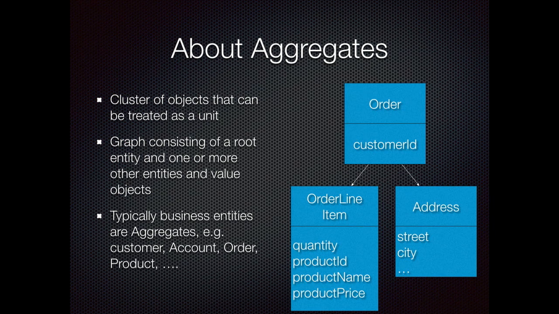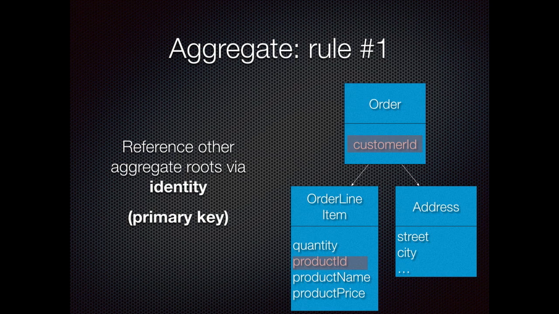But then there are some rules that aggregates have to conform to that are actually incredibly useful when you're building modern applications. And one of those rules, which at first glance seems very strange, says that references between aggregates are in terms of identity. So they're in terms of primary key. In other words, an order doesn't have an object reference to a customer.